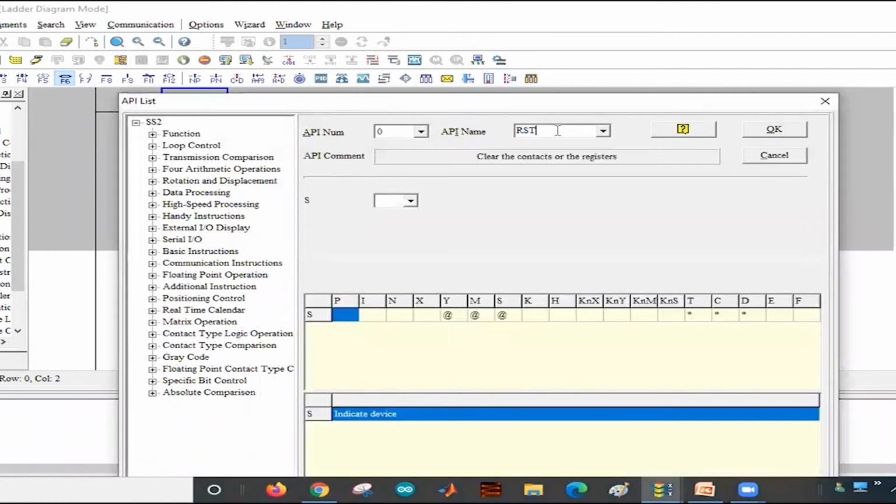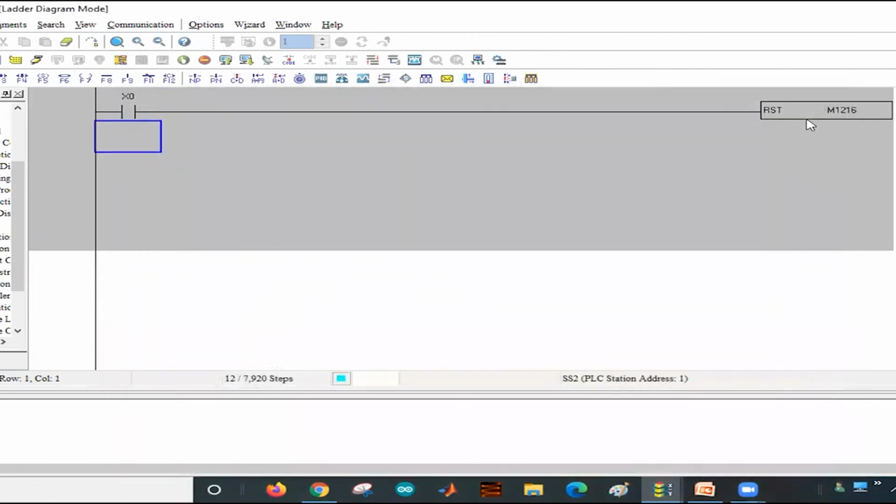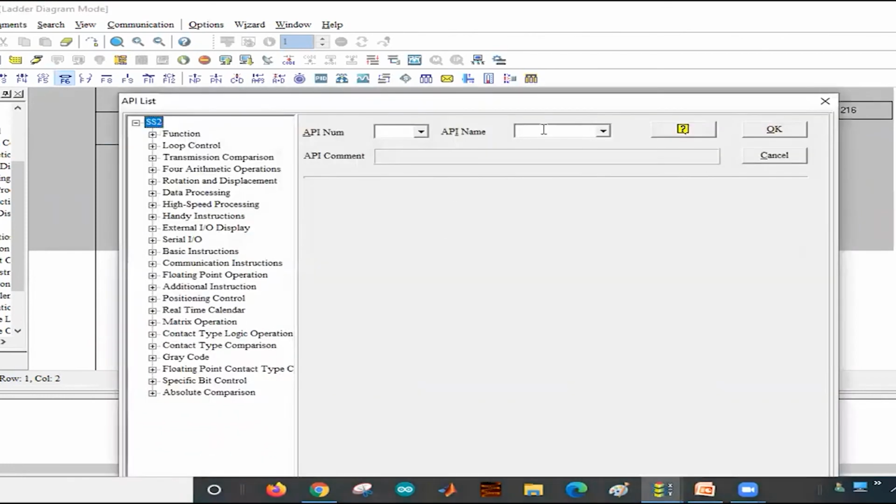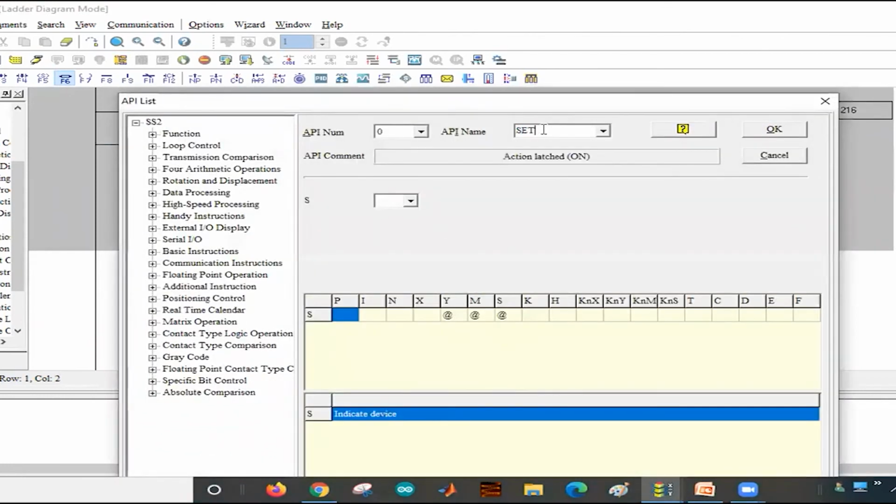You have to reset the flag register M1216. And when X1 is on, you have to set M1216.